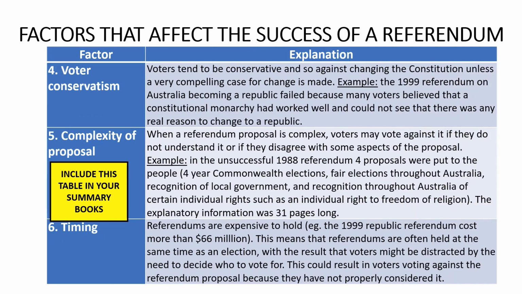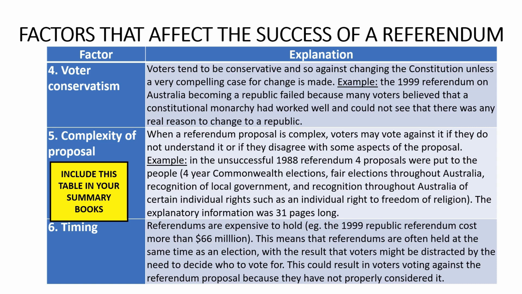The fourth factor that can affect the success of a referendum is voter conservatism. Voters tend to be conservative, and so they'll vote against changing the Constitution unless a very compelling case for change has been made. For example, in 1999, a referendum was held to change Australia from a constitutional monarchy to a republic.